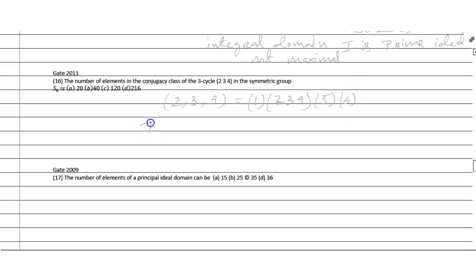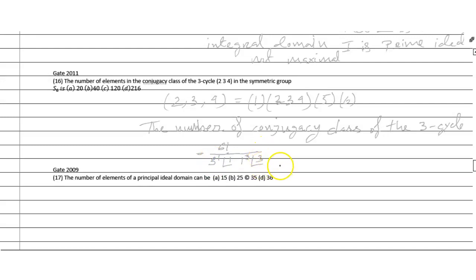So the number of elements in the conjugacy class of the 3-cycle is 6 factorial divided by 3 to the power 1 times 1 factorial, and 1 to the power 3 times 3 factorial.